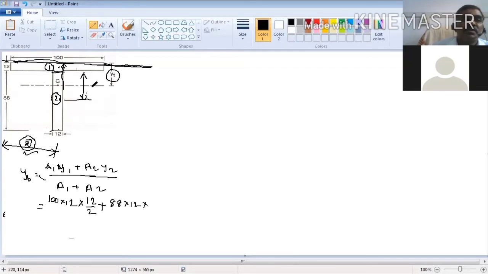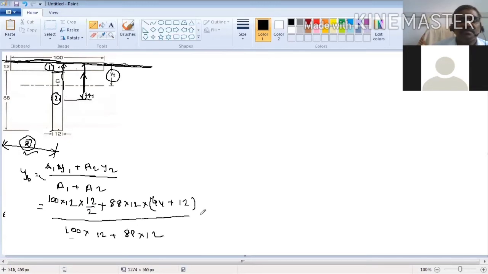But we are taking about this axis, so you have to add this 12: 44 plus 12, this is y2. Then divide by the area, 100 into 12 plus 88 into 12. You have to find what the value is.